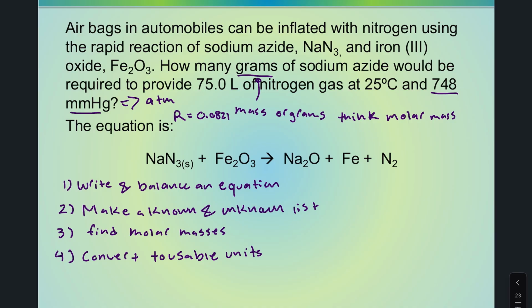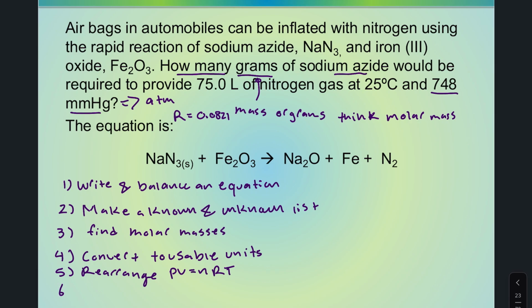Convert to usable units. Then after that, you're going to rearrange the ideal gas law, PV equals nRT, to solve what you're looking for. And so we know that we are looking for the number of grams of sodium azide that we're going to be using.